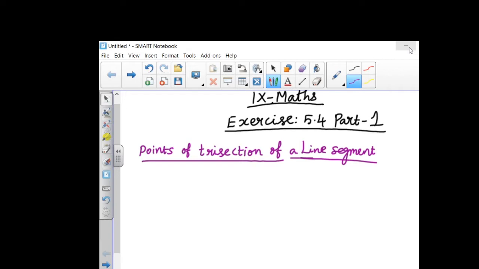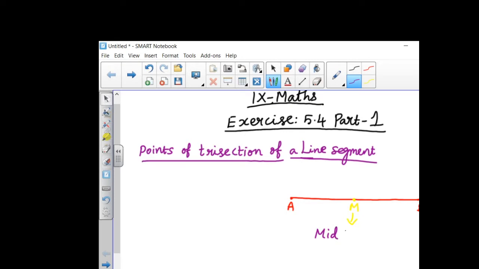Midpoint means what? If you draw a line, for example, this is point A and this is B, and you want to find the midpoint M. This midpoint divides the line into two equal parts, and that is called the midpoint.